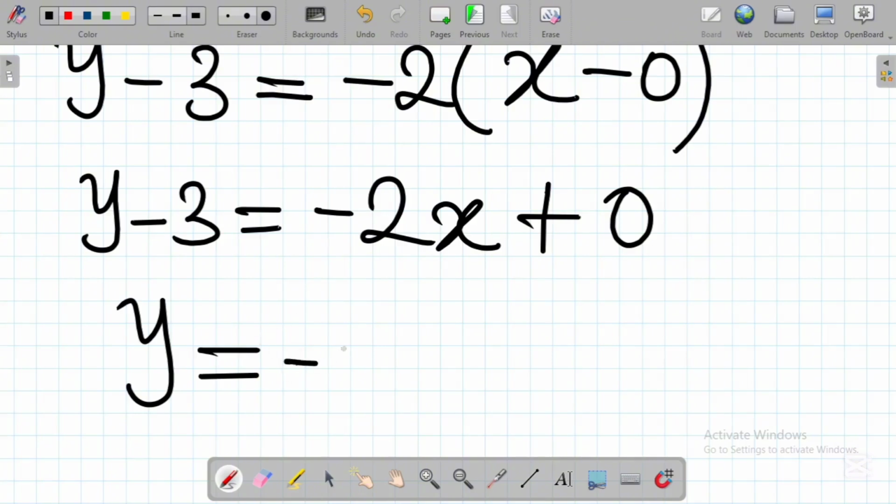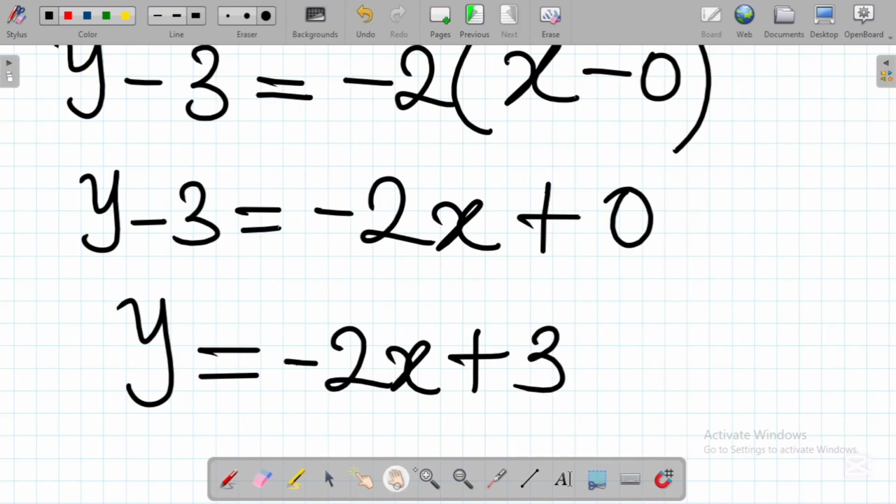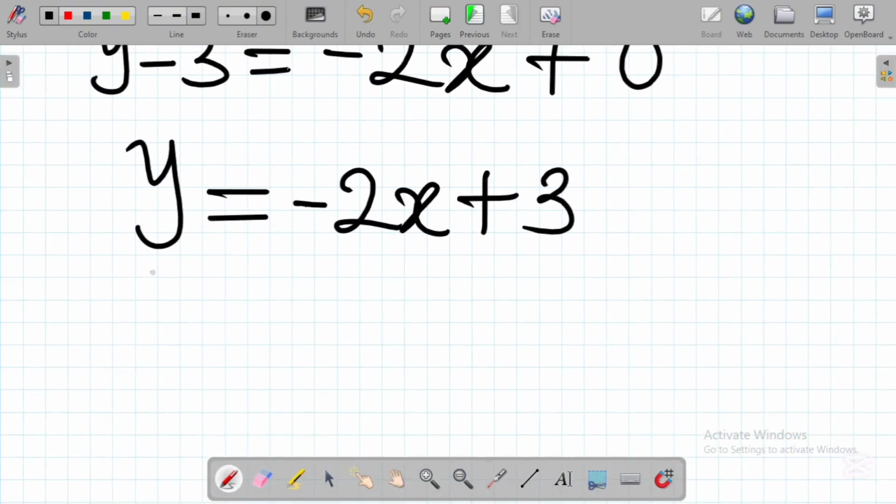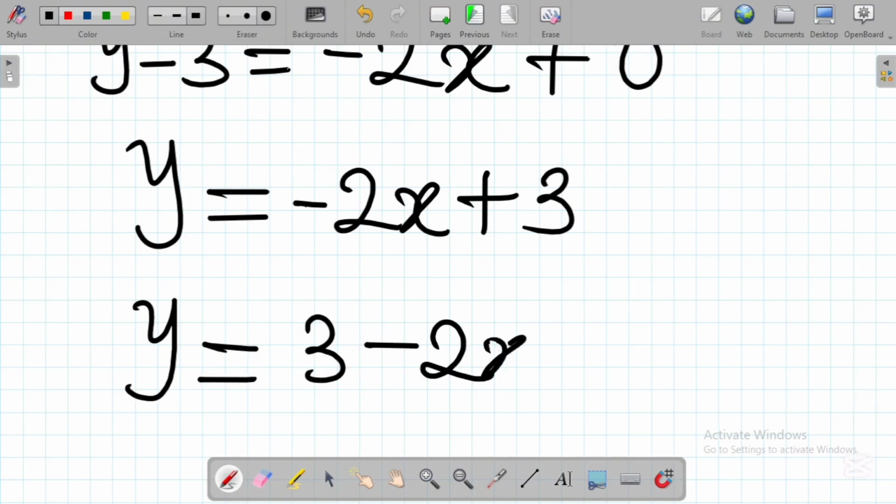So we have -2x plus 3. Now let's rearrange. y is equal to 3 minus 2x. So this is the equation of the tangent. y is equal to 3 minus 2x.